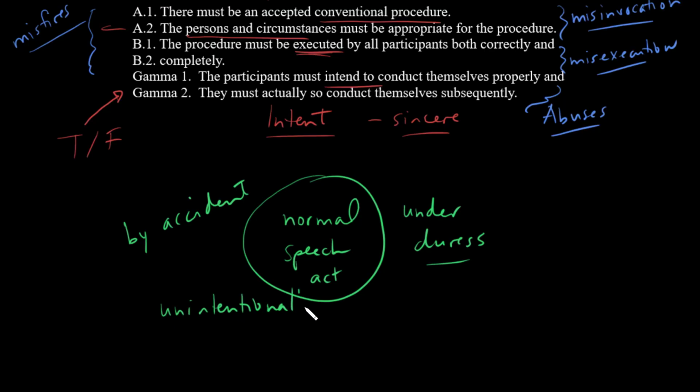I didn't actually intend to do that. Or there's a misunderstanding. So I try to do something, and it doesn't work because you don't actually understand what I'm saying, right? So all of these things are kind of causing problems here, and we really should exclude them to focus on a normal speech act.